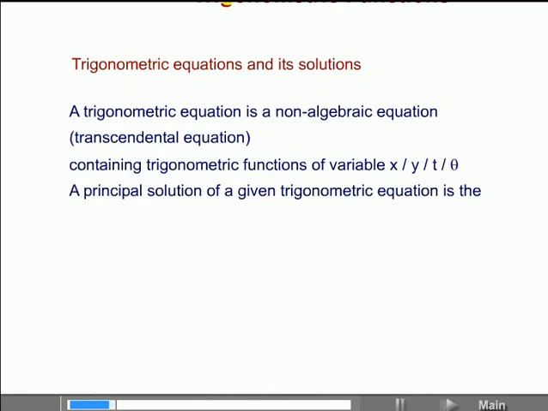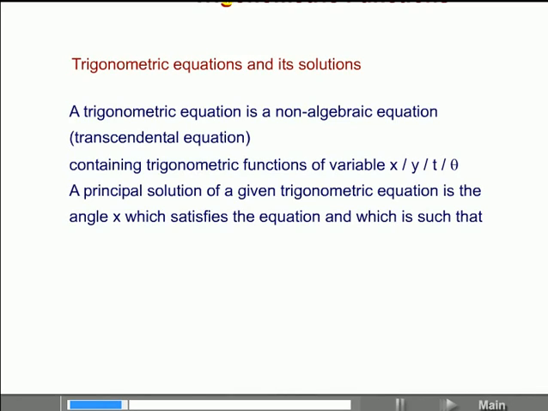A principal solution of a given trigonometric equation is the angle x which satisfies the equation and which is such that 0 less than or equal to x less than 2 pi.